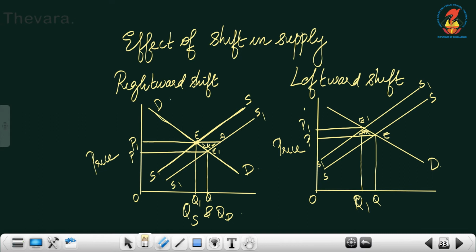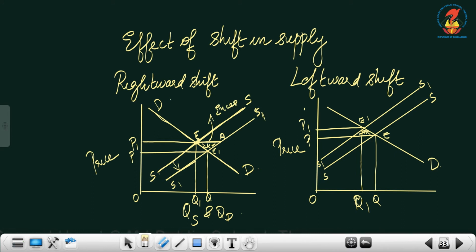Both of them will intersect at point E. Now there is an increase in the supply. How will you represent an increase in the supply? By a rightward shift of the supply curve to S1. So from the equilibrium point, if we mark a point to the new supply curve, you will get EA, which is excess supply.